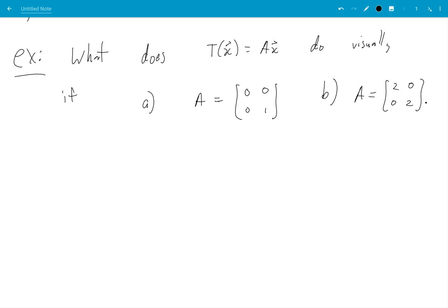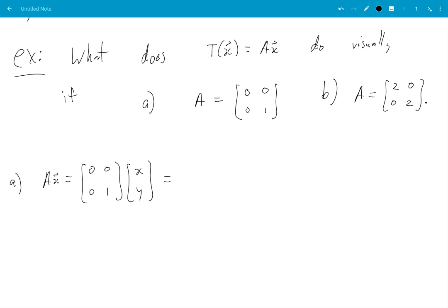Well, for the first one, A times x, which I will write as [0, 0; 0, 1] times the vector xy. So what happens here?